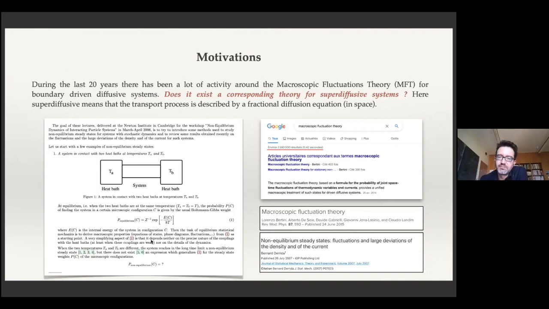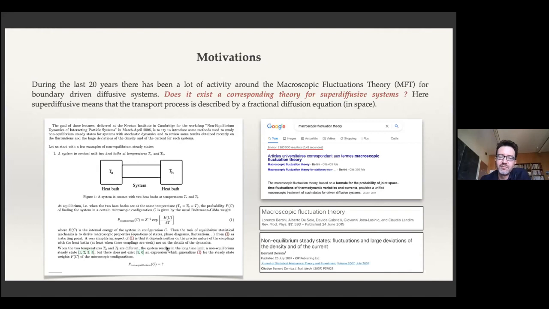You cannot rely on a formula like the Gibbs ensemble. The macroscopic fluctuation theory, which I will describe more precisely a bit later, has been developed mainly by Derrida and the group of Bertini, Alberto De Sole, Davide Gabrielli, Gianni Jona-Lasinio, and Claudio Landim, and many others since then. If you look on Google, you find more than 2 billion entries just by typing macroscopic fluctuation theory.